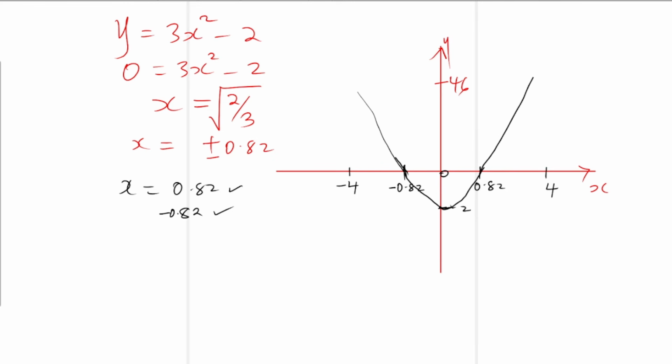Probably it looks something like this. So you can see it cuts the x-axis at these two points, -0.82 and positive that. But we require the area bounded by these lines here that I'm trying to indicate. Extend it a little bit there. Remember that this is just a sketch to help me work this out.